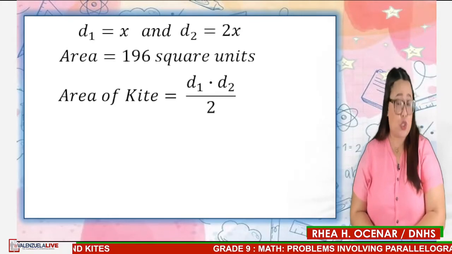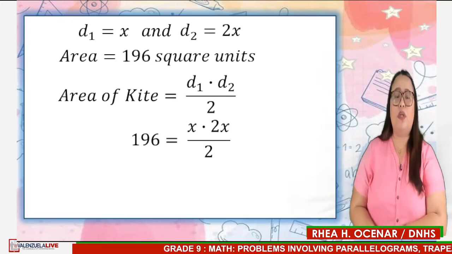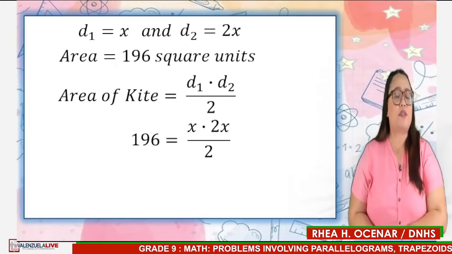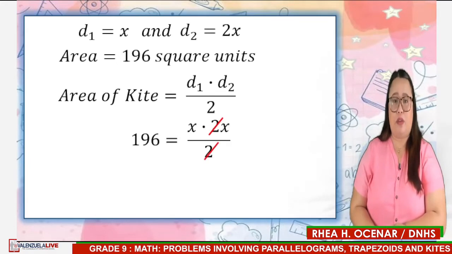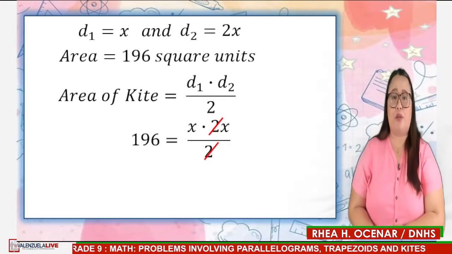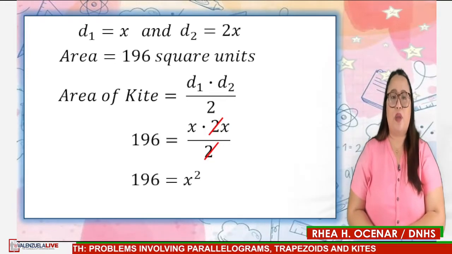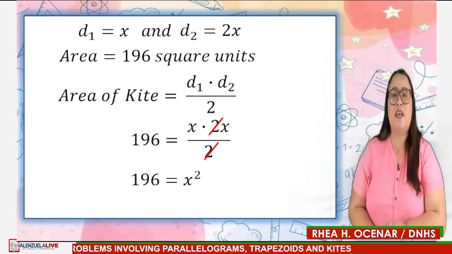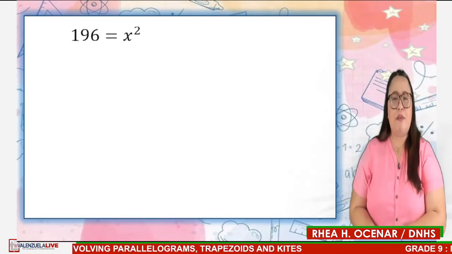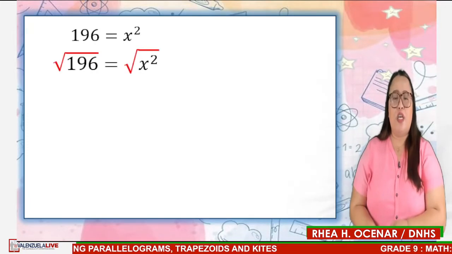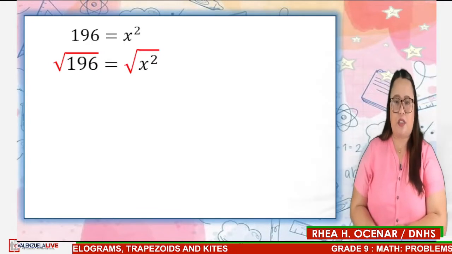By substitution, we have 196 is equal to x times 2x all over 2. Let us use the cancellation method since there is a common factor between the numerator and the denominator. We have now 196 is equal to x squared. Simplifying, we have the square root of 196 is equal to the square root of x squared.